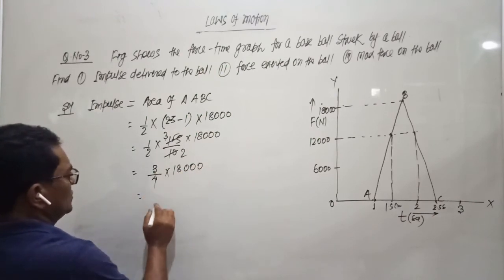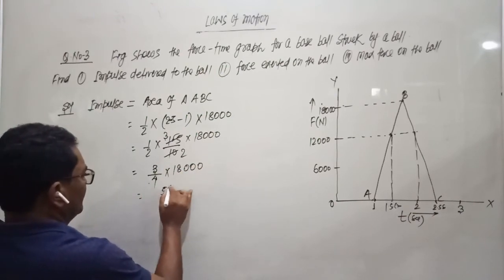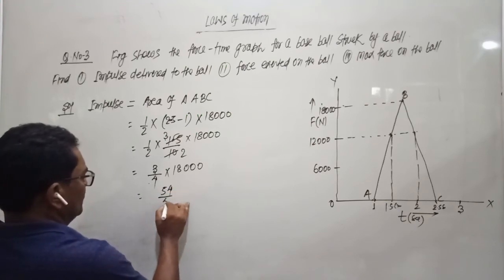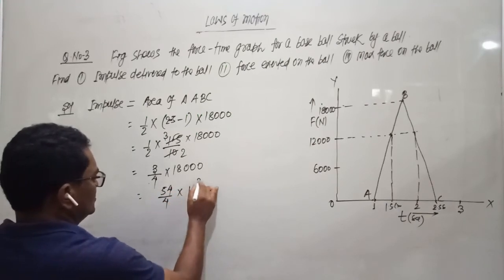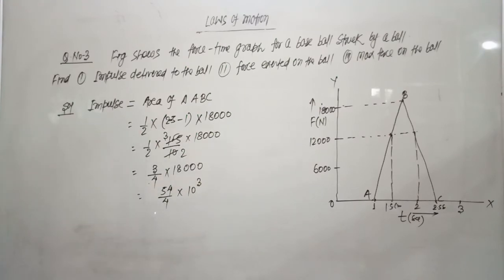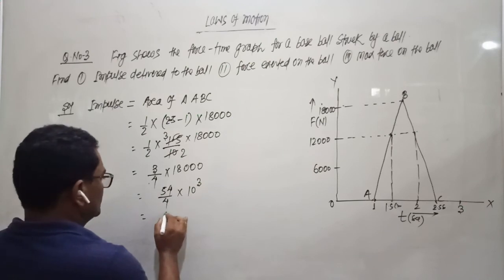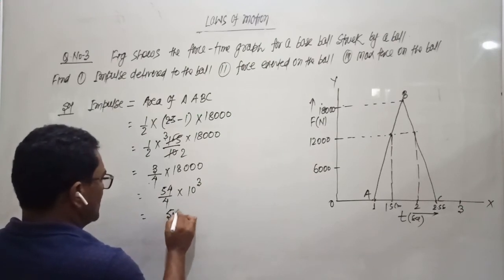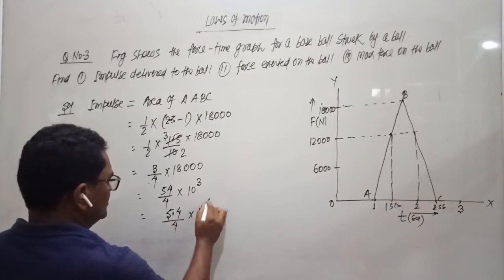So 18 into 3 is 54 upon 4 into 10 raised to the power 3, which can also be written as 5.4 upon 4 into 10 raised to the power 4.